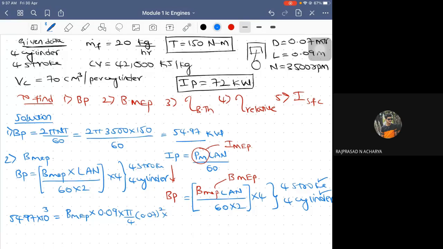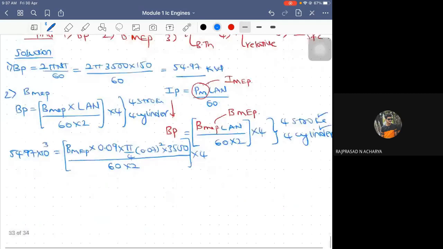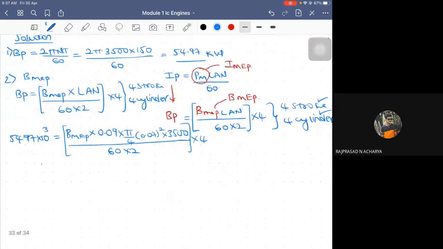Cross N is how much? 3500 rpm. So this whole divided by 60 cross 2, and you multiply this whole by 4. So from this, what is the value of brake mean effective pressure? That would be in Newton per meter square.